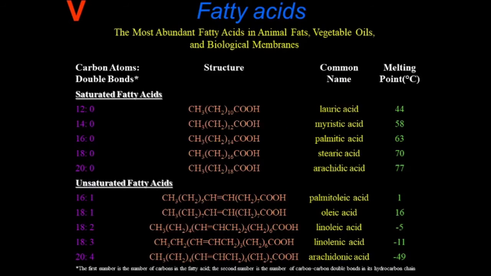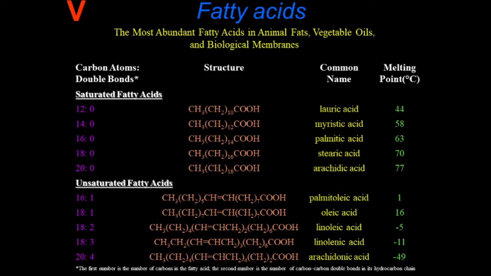We can compare this with our table, for example, palmitic acid, with 16 carbon atoms and no pi bonds, has melting point 63 degrees. And unsaturated palmitoleic acid with the same number of carbon atoms has melting point 1. Also, melting point grows when molecular mass is increasing, so the longer the organic chain, the higher the melting point.